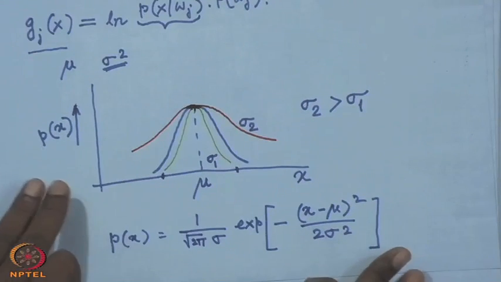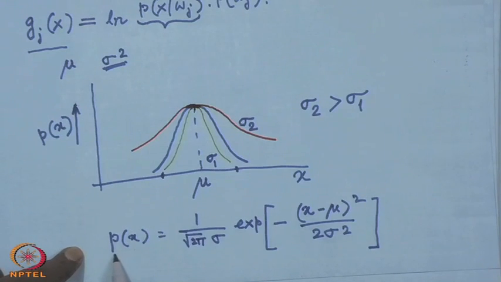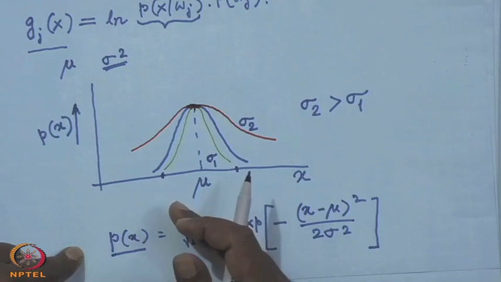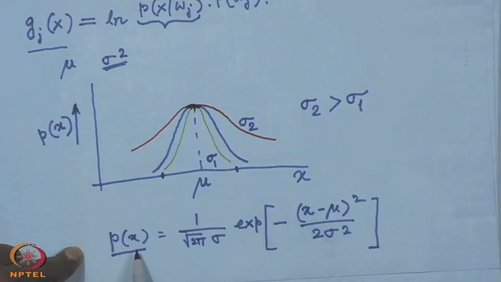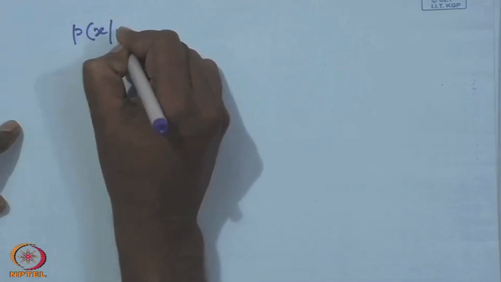So, this is a well known form of a Gaussian expression, and over here this represents the probability density function of x. If I want to make it a class conditional probability density function, that means instead of taking all the x, I take the samples which belong to class, say, omega i. So I want to make it p of x given omega i.